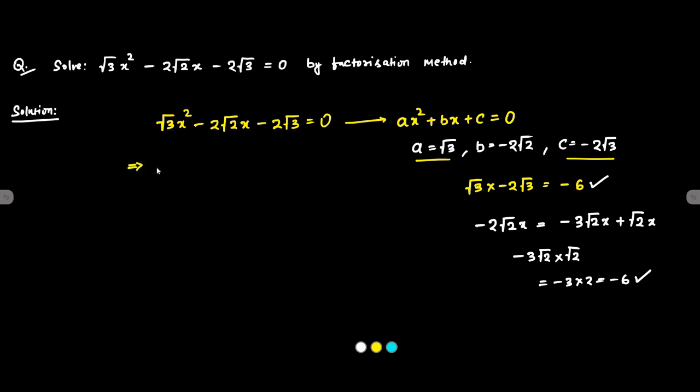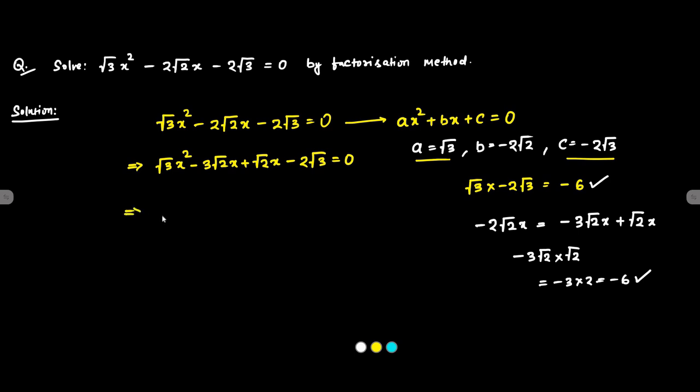That implies √3x² − 3√2x + √2x − 2√3 = 0.